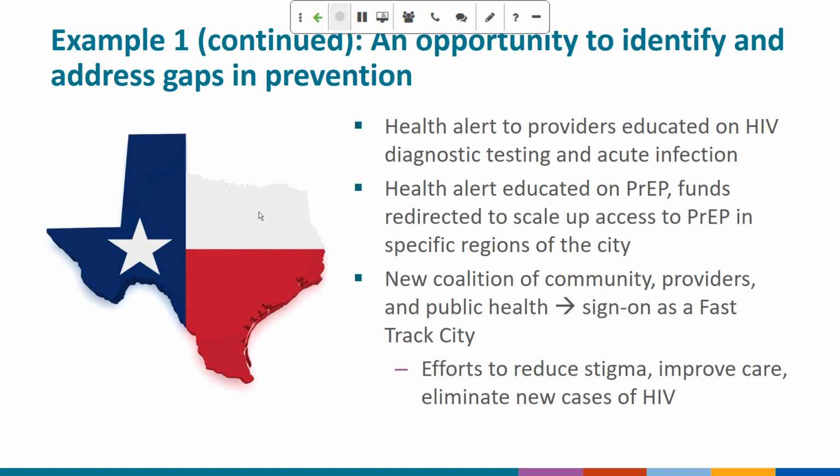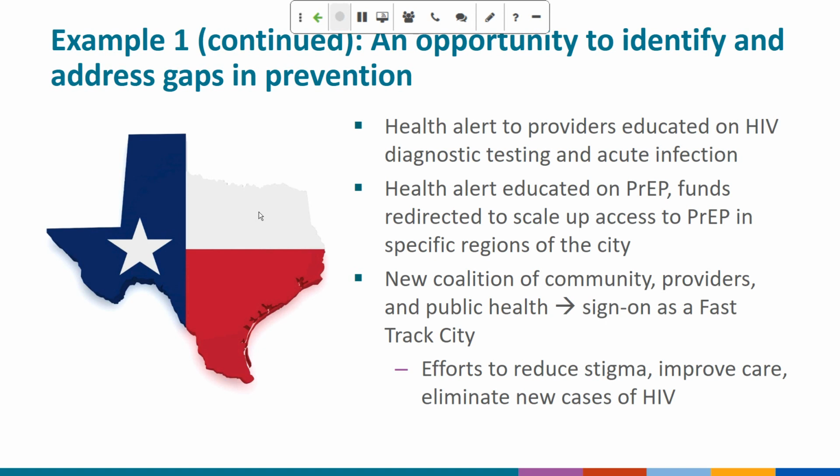The investigation also highlighted a lack of access to pre-exposure prophylaxis for many who could benefit from it. So the health department's alert that was sent out also worked to increase awareness of PrEP. In addition, the health department redirected funds to increase access to PrEP in specific areas of the city.